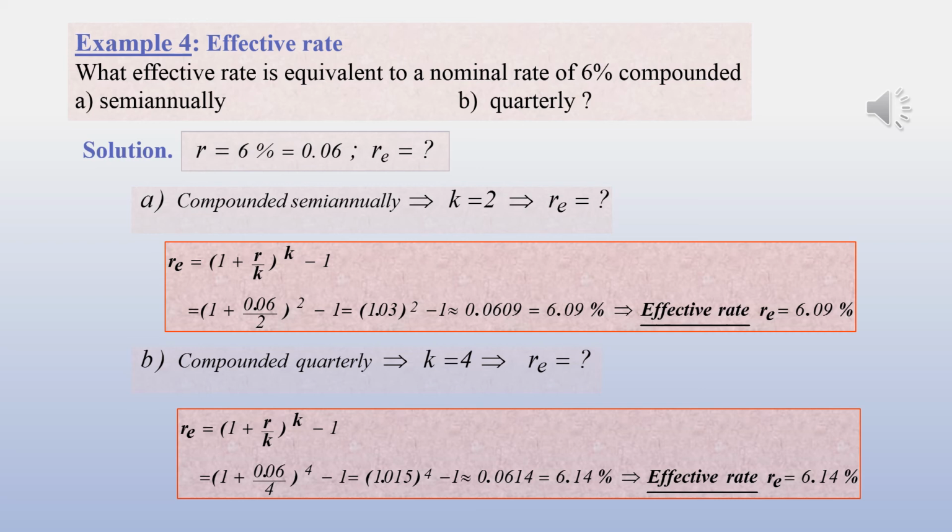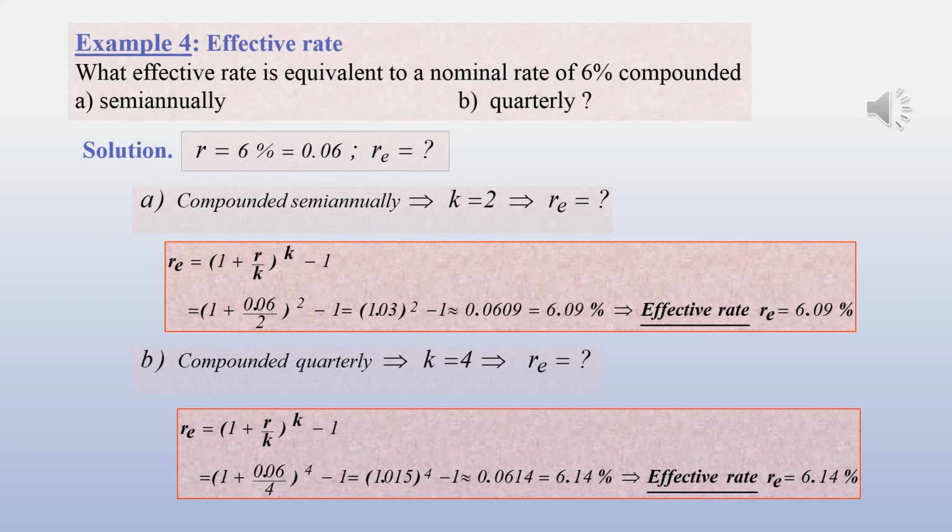So RE is equal to (1 plus 0.06 over 2) to the degree of 2, minus 1. So RE is about 0.0609, which is equal to 6.09%. So the effective rate, which is equivalent to a nominal rate of 6% compounded semi-annually, is equal to 6.09%.